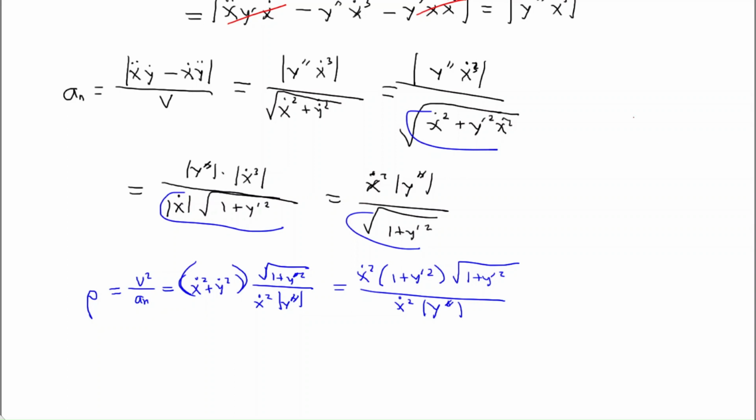And we get those x dots canceling out. And finally the formula we're interested in is rho equals 1 plus y prime squared to the 3/2 power divided by the absolute value of y double prime.